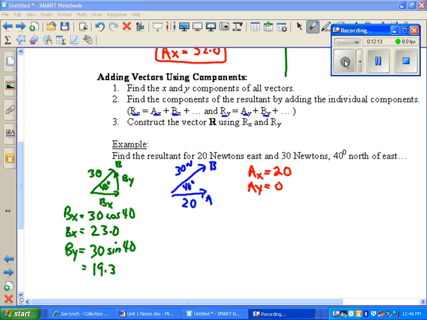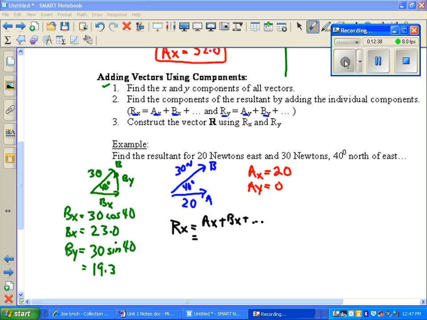Okay, so the first step was to find the x and y components of all the vectors. Second is to find the components of the resultant by adding the components. So we'll do this down here. For Rx, you add AX plus BX, and if there was a C, you would add that one and so on.